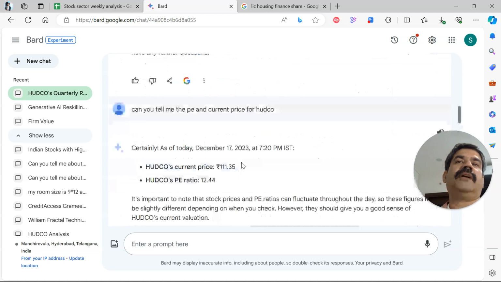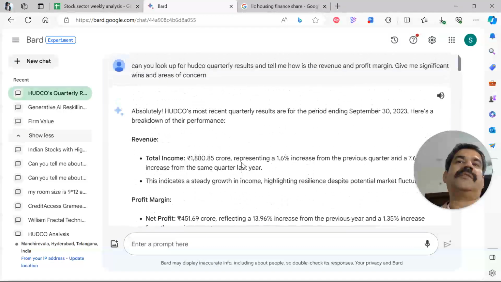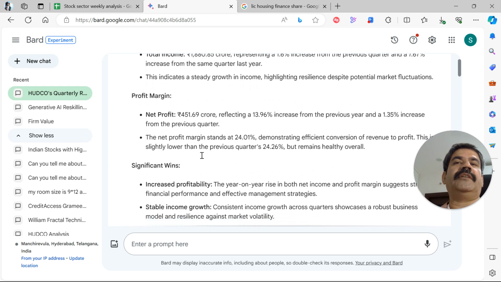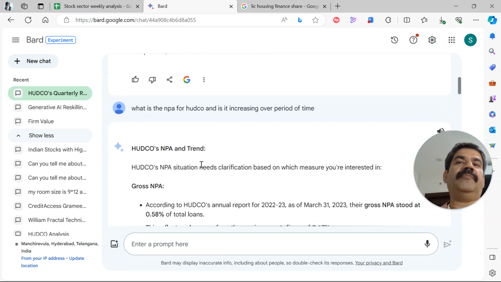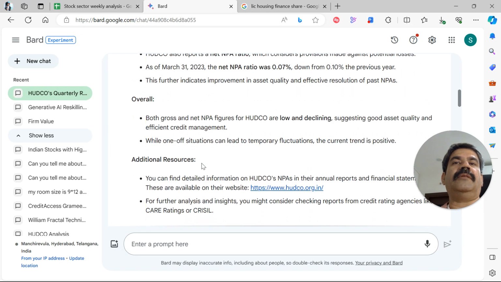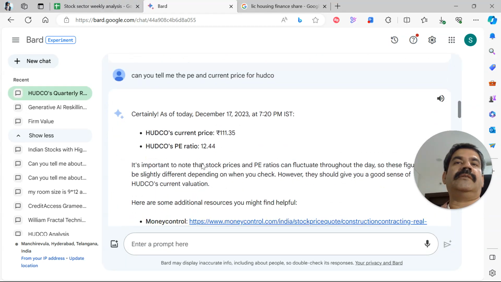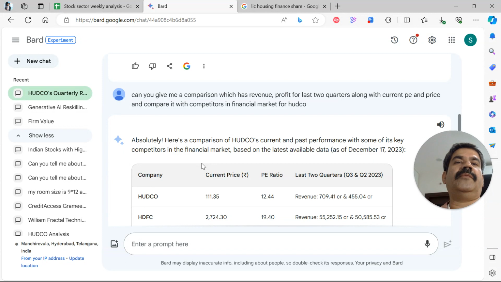Pretty good, because if you look at it, we started with a very basic question of how are Hoodco's quarterly results. It gave specific numbers, it gave insights. Then we asked the NPA part of it, it gave that information at an annual level. Then we asked the PE and the current price. So we're bringing in data from every aspect.